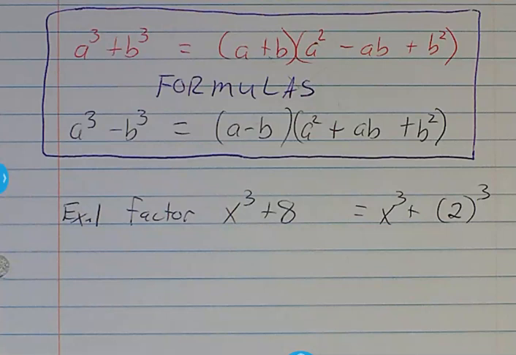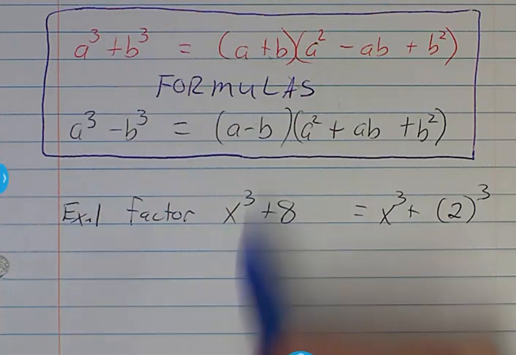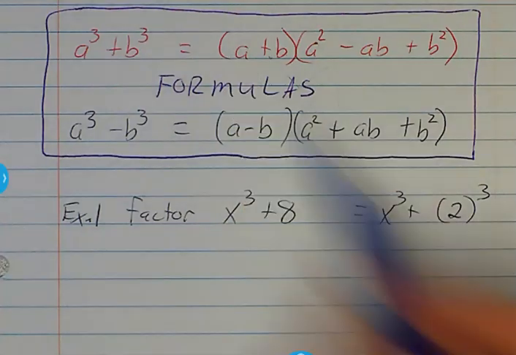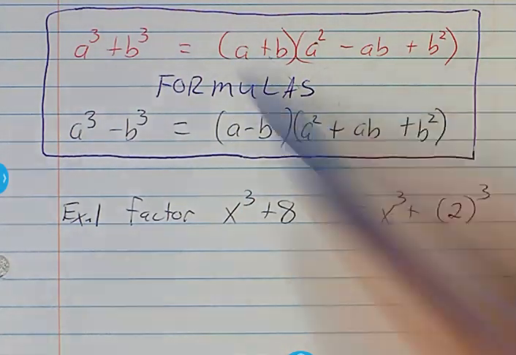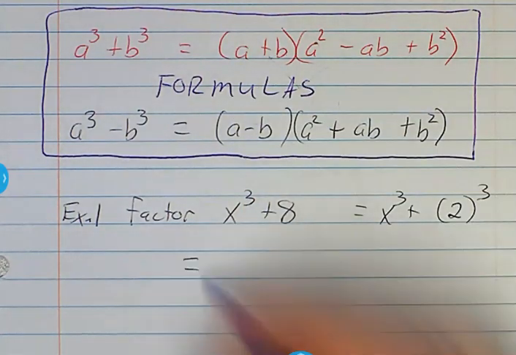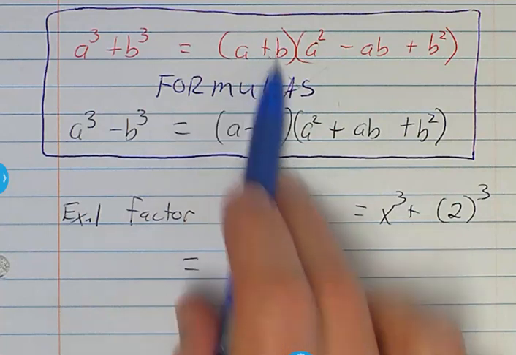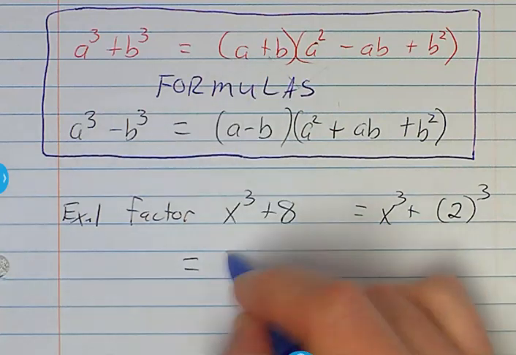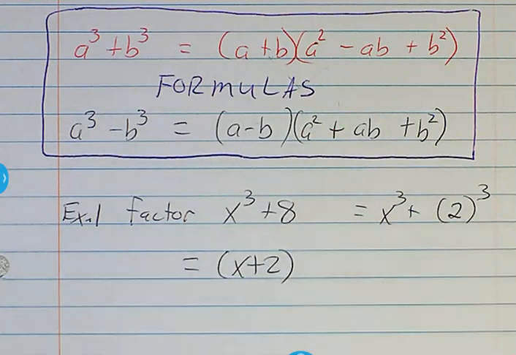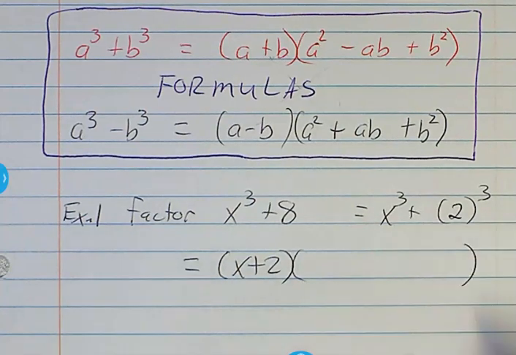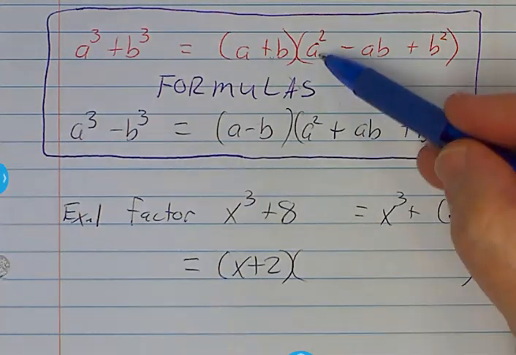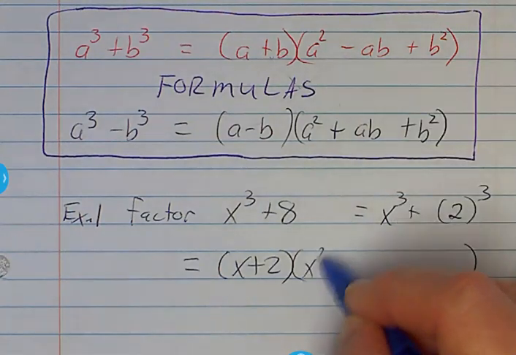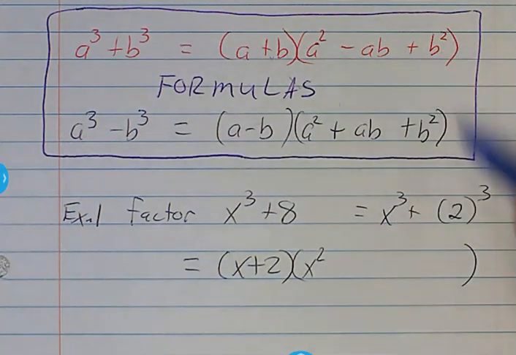Okay, and that's pretty much all we're going to do: everywhere we've got an x up here, we're going to put an a in place of that, or x in place of the a. So we're starting off with a plus b, which means it's x plus 2. Instead of a squared, we're doing x squared. Instead of b squared, we're doing 2 squared.